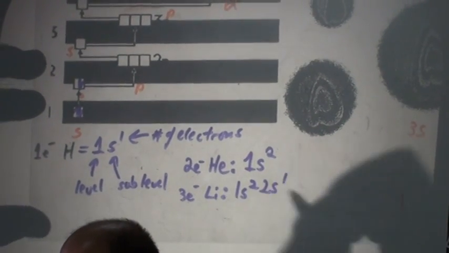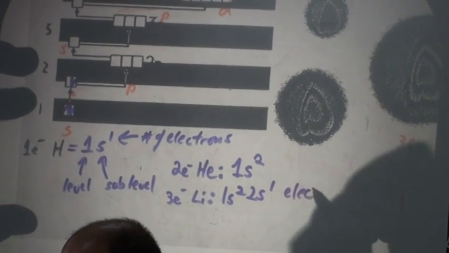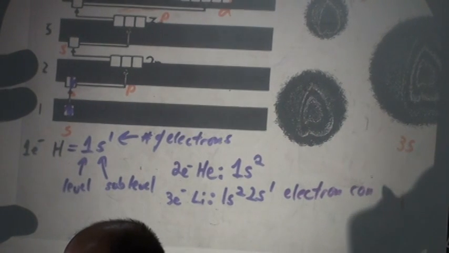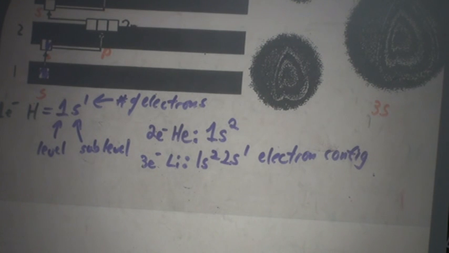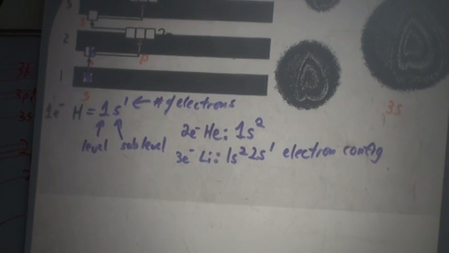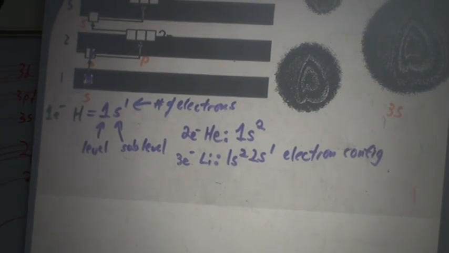We call this the electron configuration. It is telling me where my electrons are. Any questions so far?